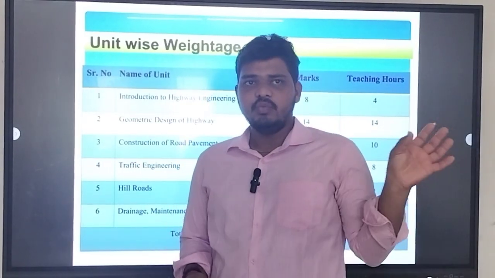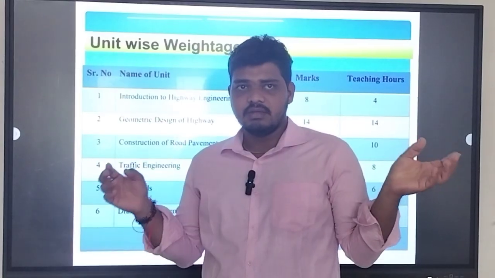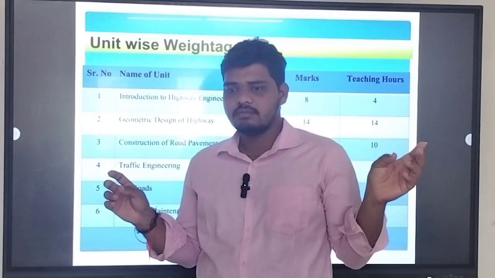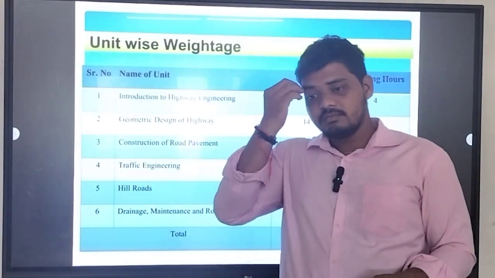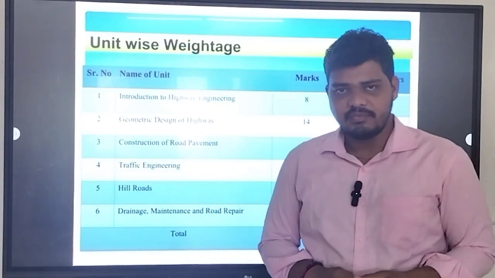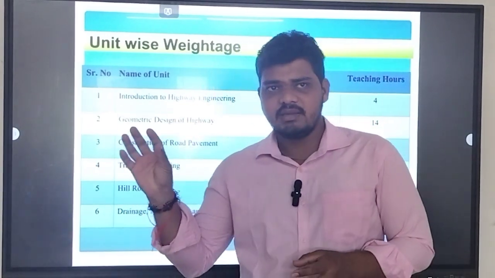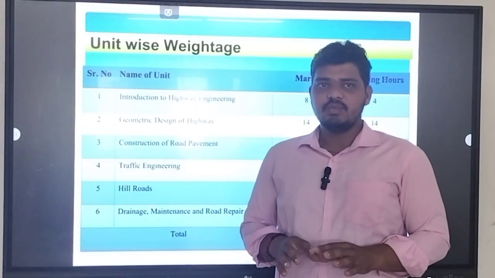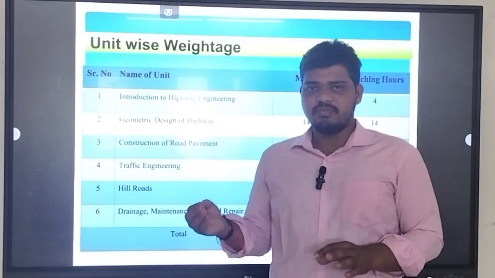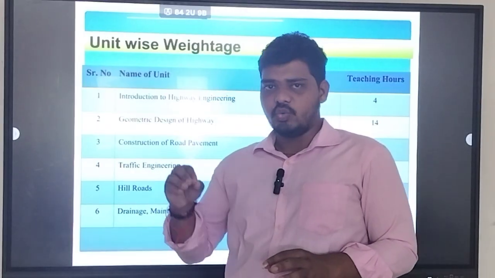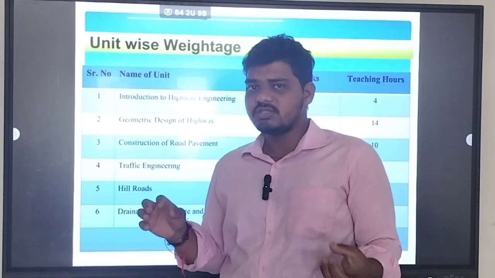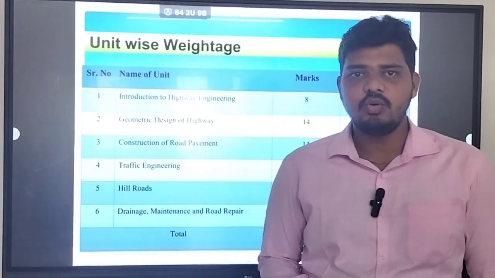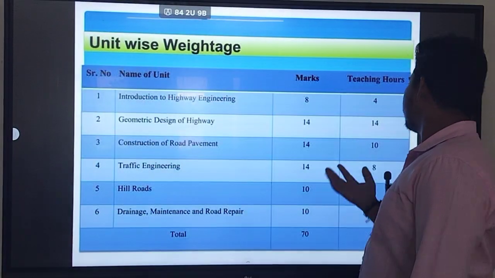After that, we collect the data from traffic, and the traffic data means how much load is applied to the road. And soil has the strength. If the soil strength is more than the load, then it's okay for the road, and the longevity of the road is very good.